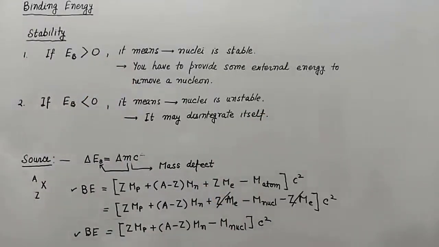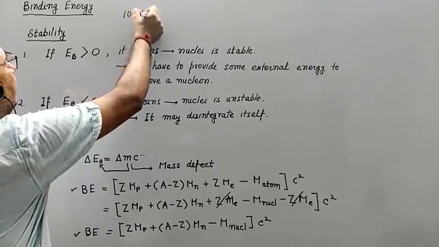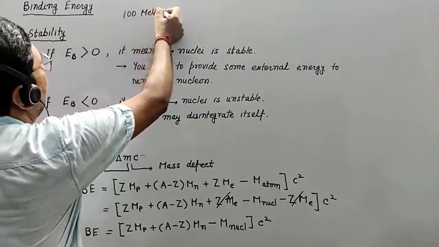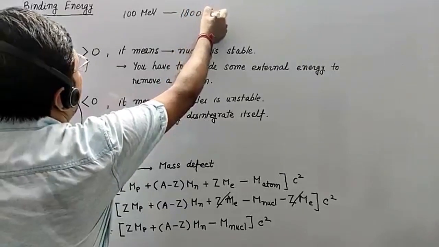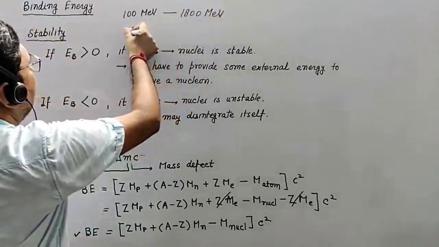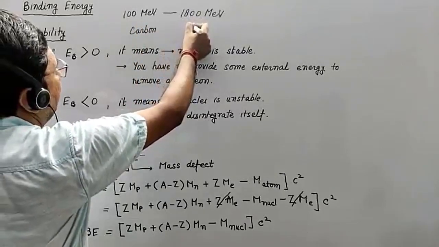What is the range of binding energy? The rough range of binding energy is from 100 MeV to 1800 MeV. This is for carbon and this is for uranium.